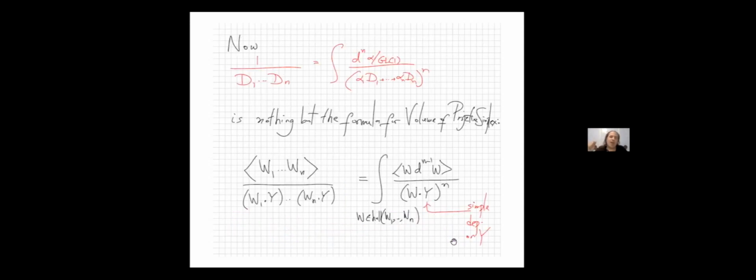Now, this formula, the Schwinger parameterization or Feynman parameterization formula is nothing but the formula for the volume of a projective simplex. So if you ask for the volume of a simplex in a projective space whose vertices are W1 through Wn and Y is the hyperplane at infinity, then this is the formula for the volume.